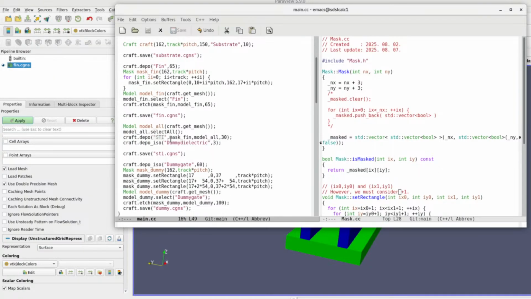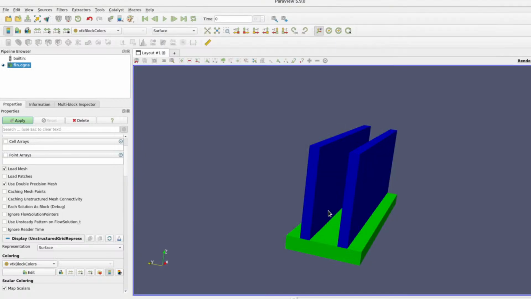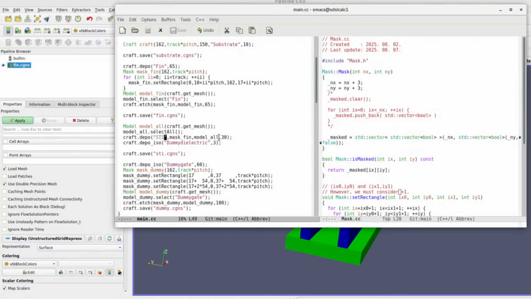But in this case, STI is deposited only on this inter-fin layer. So now we will have this STI. After that, we also introduce a dummy dielectric. Later it will be etched away, but it is deposited.